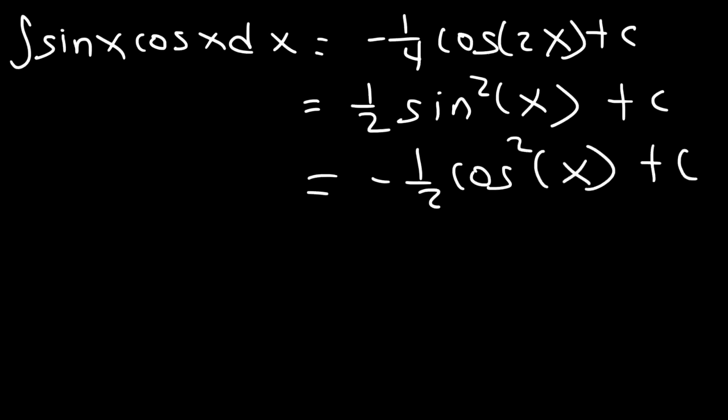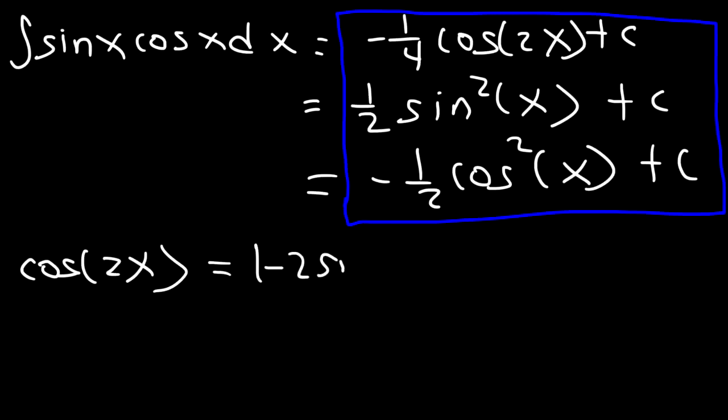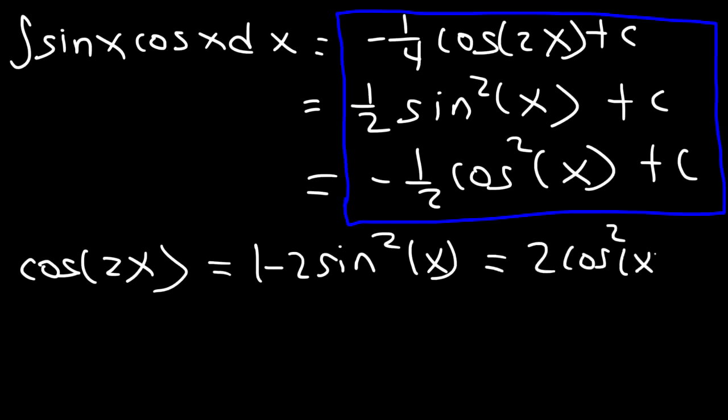Now the reason why we have these three answers is because there's multiple forms of the double angle formula for cosine 2x. I'm going to focus on two of the three forms. Cosine 2x is equal to 1 minus 2 sine squared x, and it's also equal to 2 cosine squared x minus 1.